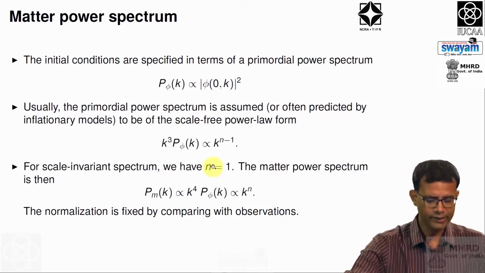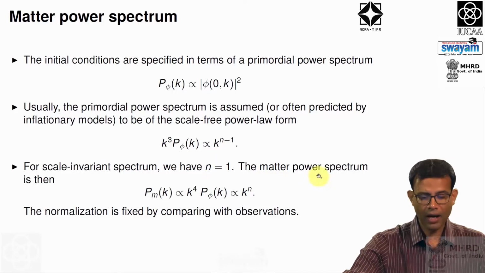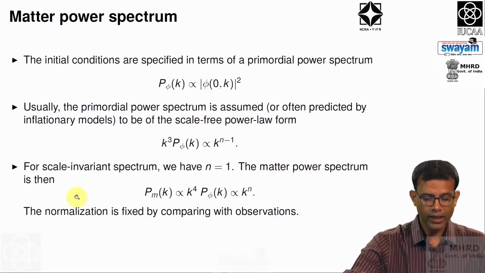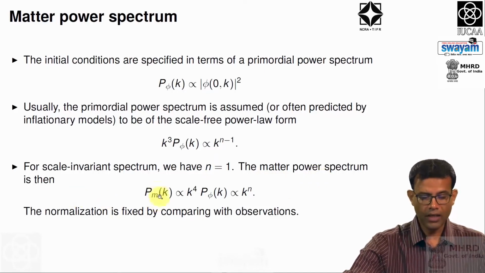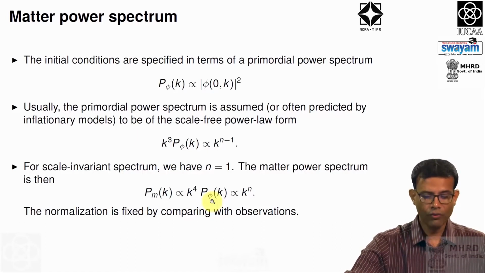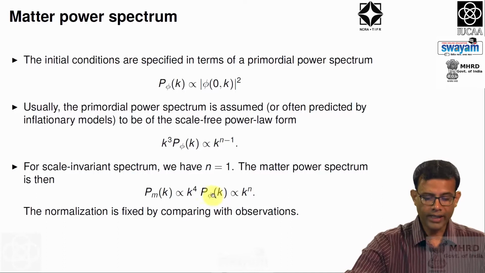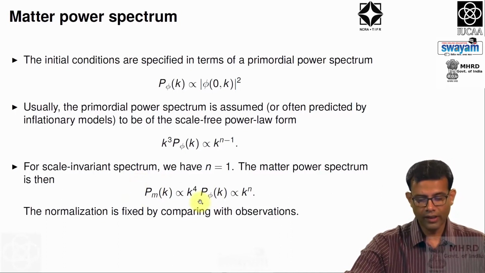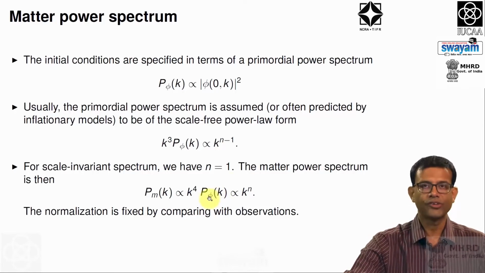The matter power spectrum is written as P of m, which is proportional to k to the 4 P phi. This comes basically from the Poisson equation. If you remember, the delta, the density contrast, is related to the potential through a factor of k squared.